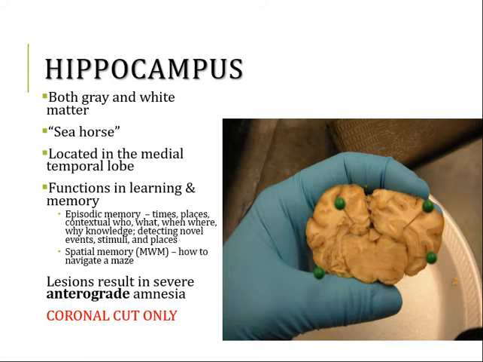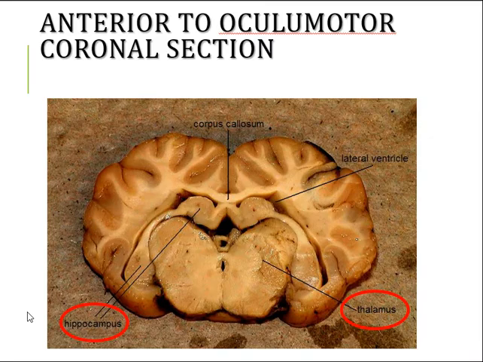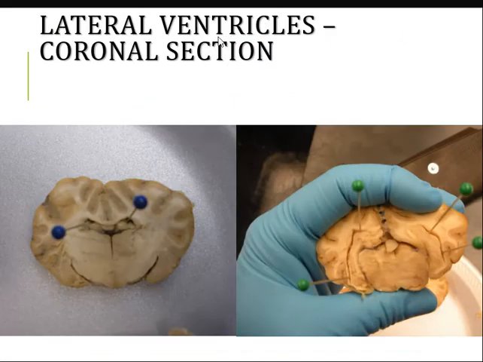And in our next view here, you can see the hippocampus and the thalamus in our coronal cut. And finally, we can see the lateral ventricles with our blue and green pins here through the coronal section.